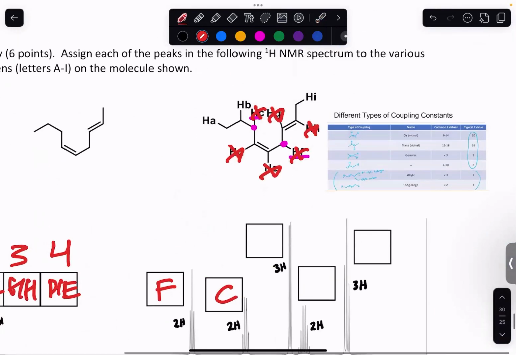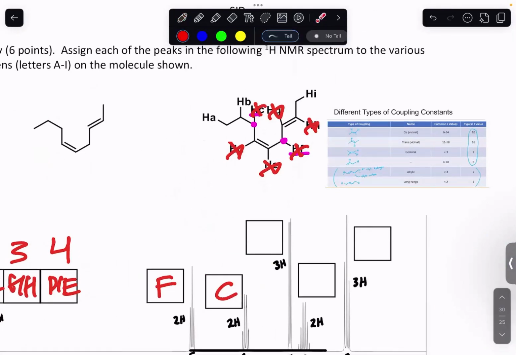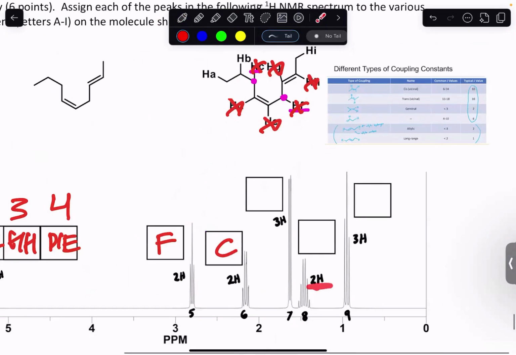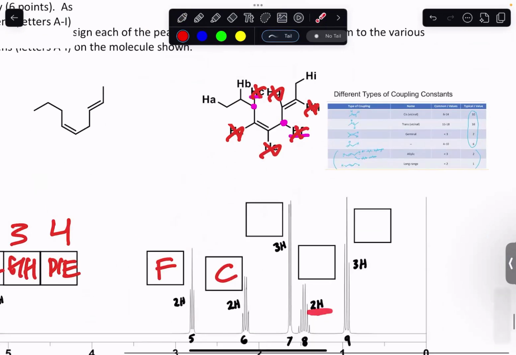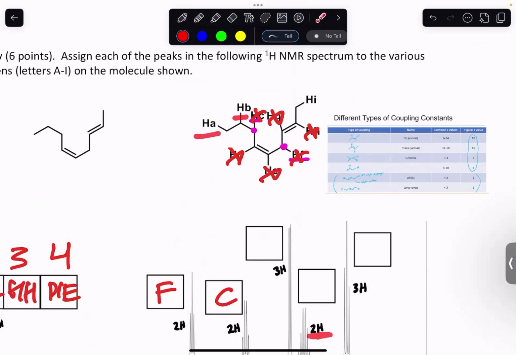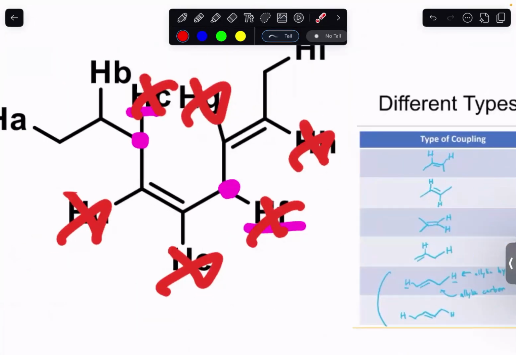Now, we can do process of elimination here. We have one peak that has 2 hydrogens, and there's only one of these that has 2 hydrogens. Is it A, B, or I? So we know HC and HF are alpha carbons because they are one carbon away from my pi bond, right? That's what an alpha carbon is. One carbon away from my pi bond, either an alkene, carbonyl, or an alkyne, right?